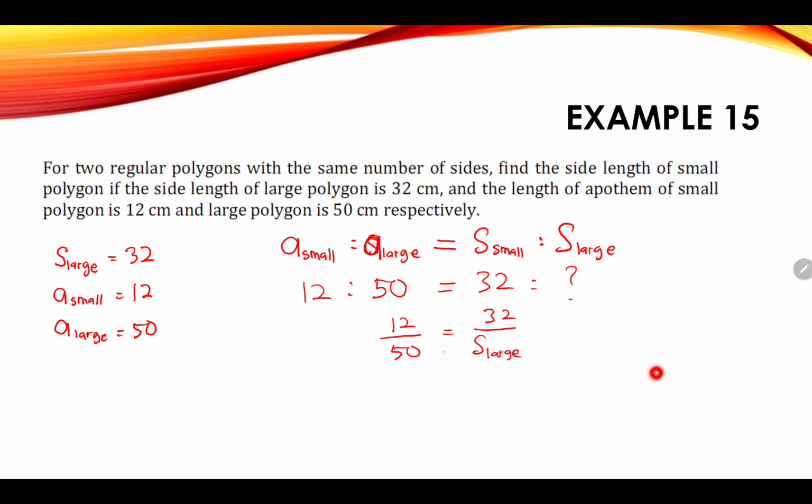So kita selesaikan ni, dapat 12 S large equals 32 darab 50, 1600. So S large kita akan dapat 1600 bahagi 12.